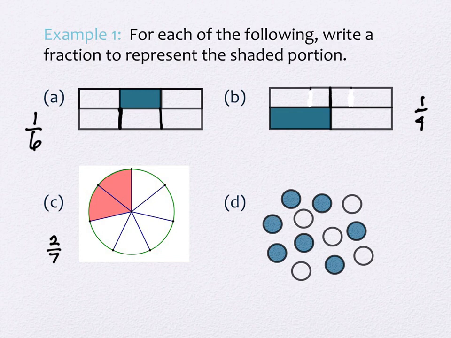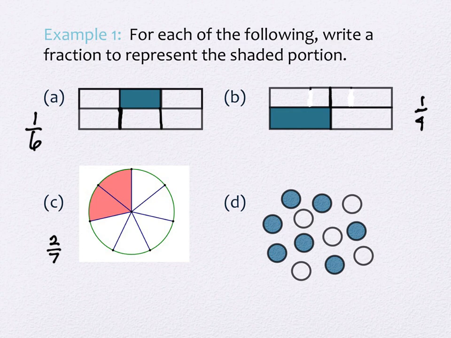Last question, and we'll be stopping for today. This is a very distinctly different picture than the rest of them. All the other pictures are one solid image. They're a whole that has been partitioned. That's not what's going on here. This is a collection of objects, right? This is more like a ratio. How many are shaded? How many are not? From a whole picture perspective.